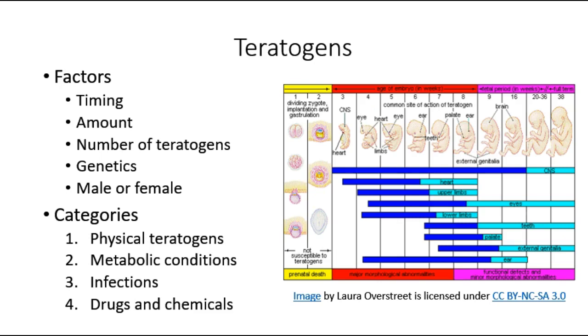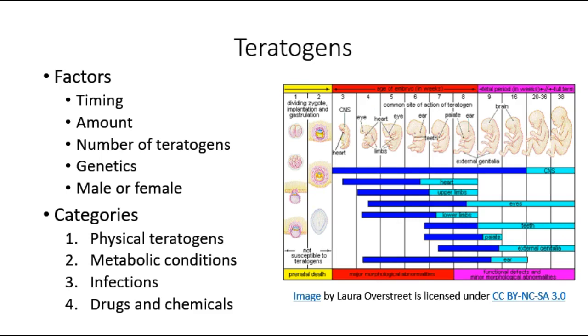Is that embryo more genetically predisposed to be sensitive to that teratogen or to be more resilient against it? And whether they are male or female matters too. We see more impacts of certain disorders and birth defects on males, and we think that has to do with the fact they have less genetic material than a female embryo does.